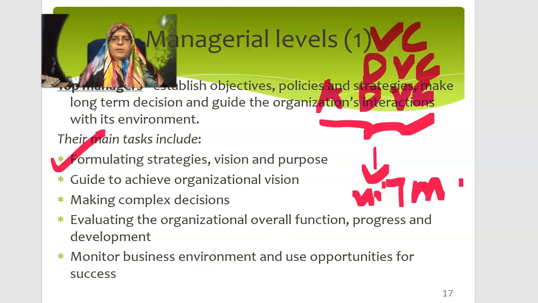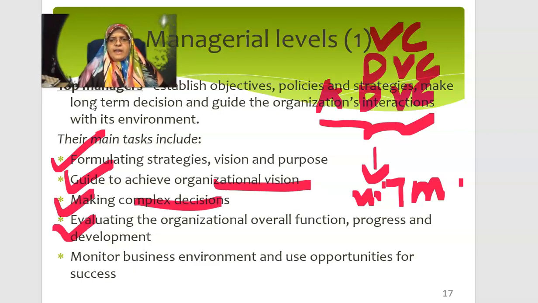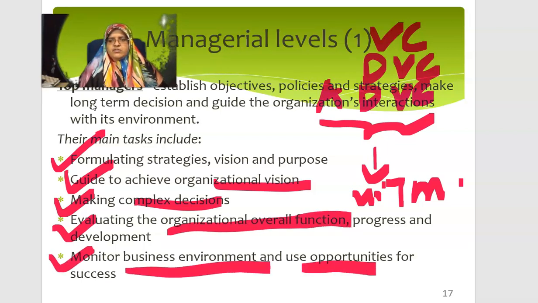Top managers formulate strategies and vision and purpose, guide to achieve organizational vision, make complex decisions, evaluate the organizational overall function, progress and development, and monitor business environment and use opportunities. These are all the tasks that need to be thought of, planned and implemented by the top managers.